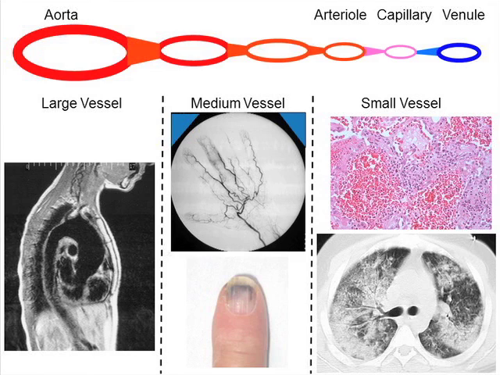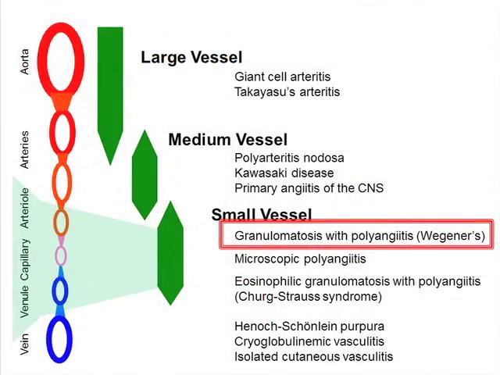This can include large vessel vasculitides, as we can see from this enlargement of the aortic root in a patient with Takayasu arteritis, medium vessel vasculitides, as we can see with this arteriogram and digital infarction occurring in a patient with polyarteritis nodosa, and then a range of small vessel vasculitides, which here is exemplified by these ground glass infiltrates with alveolar hemorrhage in a patient with microscopic polyangiitis.